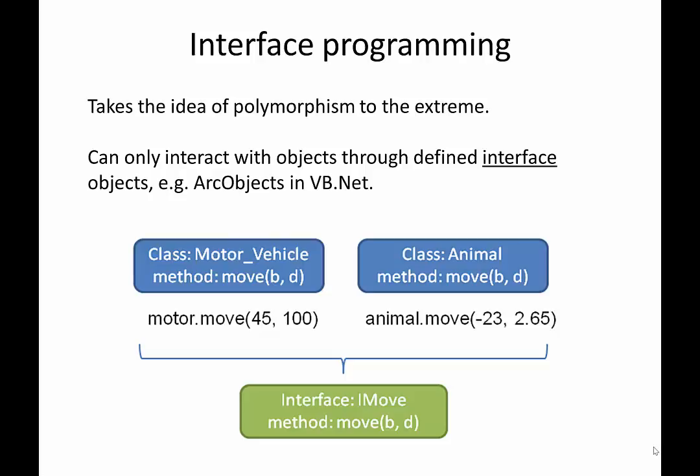Now that is probably rather hard to get your head round, but what it does is remove the user from the internal workings of the object. So all you need to know as a programmer is that you need to move, but you don't need to know any details about how you move.